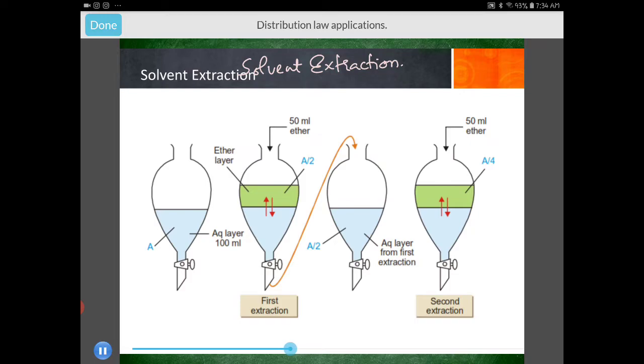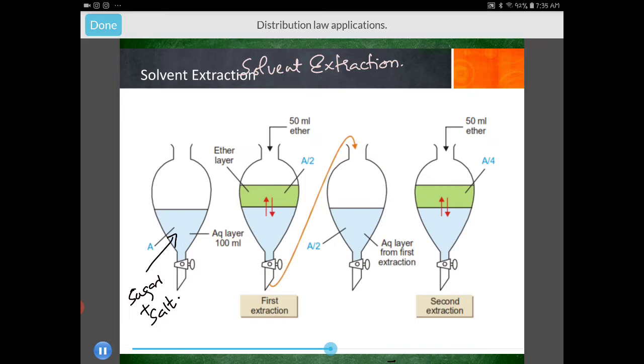Initially you will be taking the sugar and the salt, which is in the form of a mixture, and dissolving it into this aqueous solution. Now it is completely dissolved in the aqueous layer.